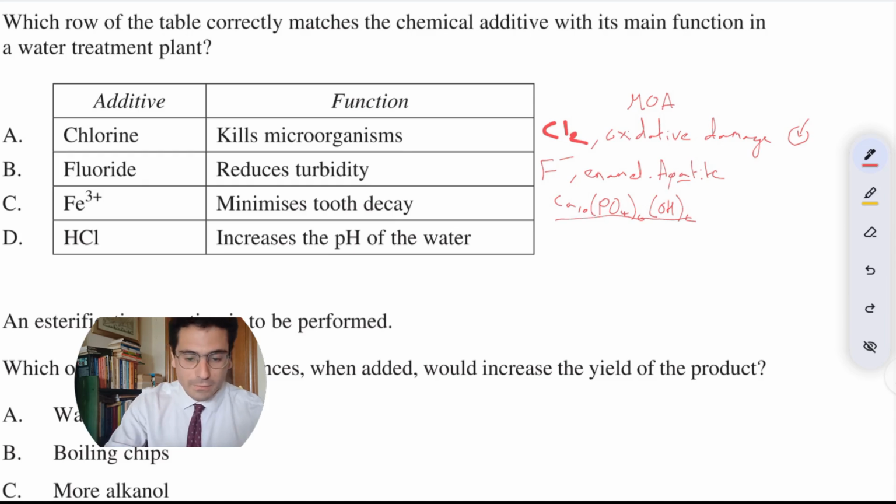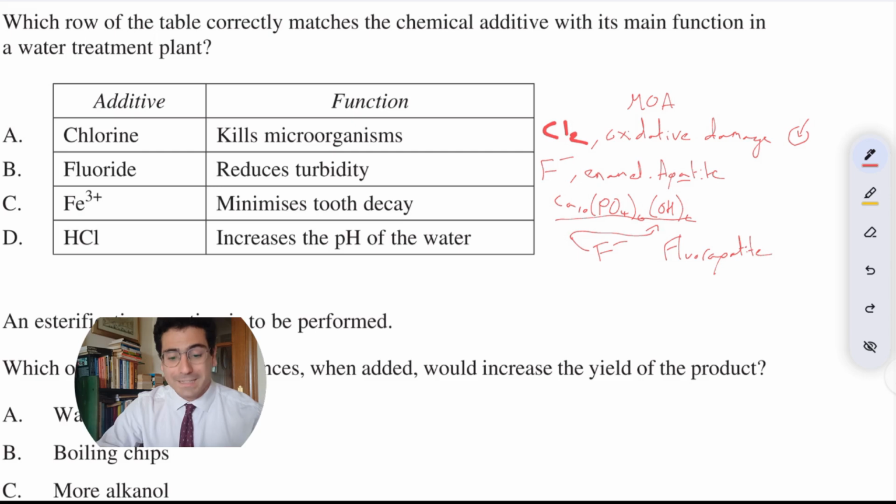What happens with the fluoride is that it substitutes these hydroxyl anions, and fluoroapatite is actually more resistant to acids, and it is less soluble than hydroxyapatite, which is why it is added to our drinking water, and it does not reduce turbidity.